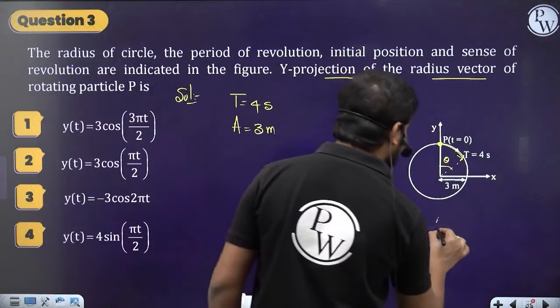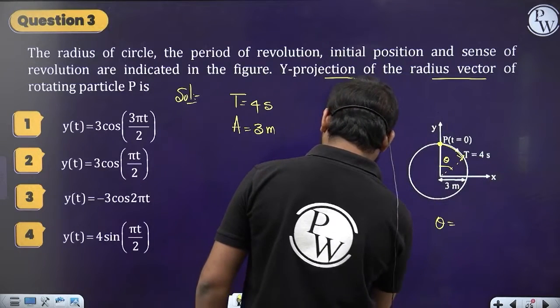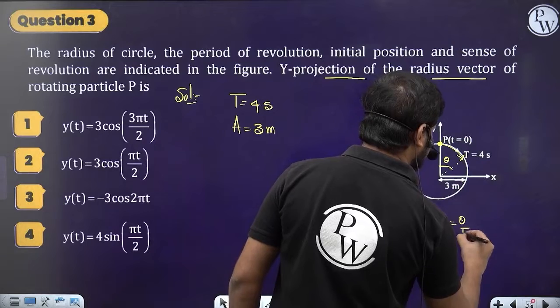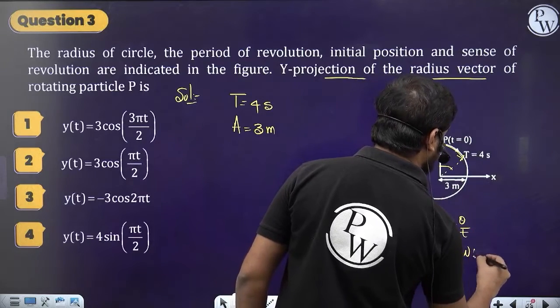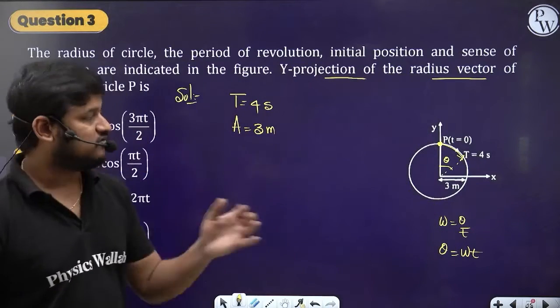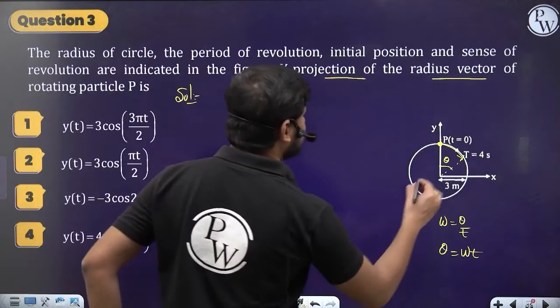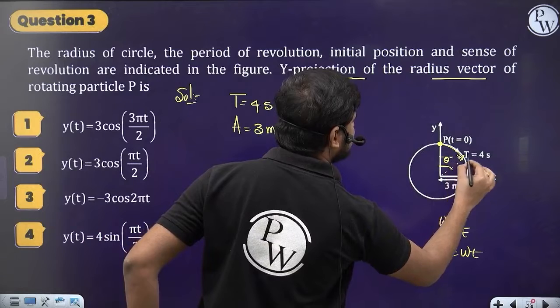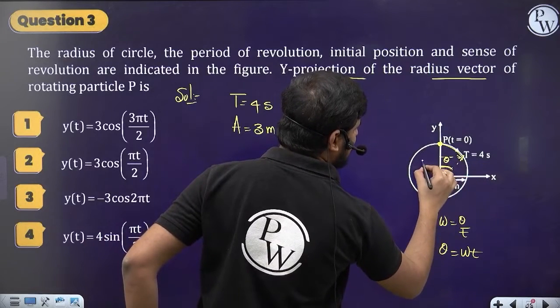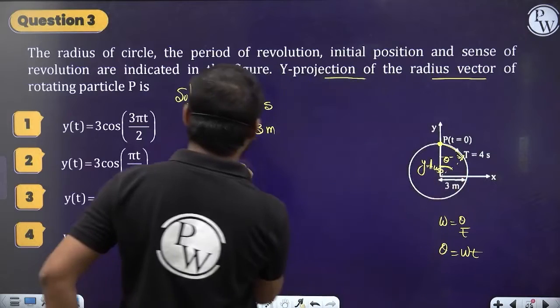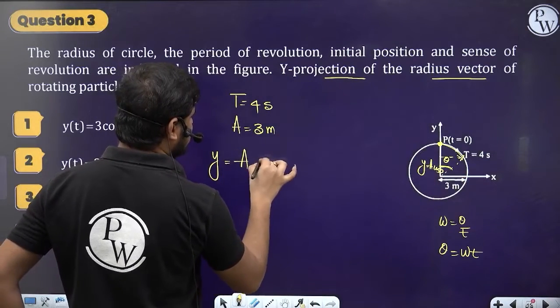With angular velocity omega, we know that omega equals theta by t, so theta will be equal to omega into t. From there I can write the equation. We require the y projection, this one. Theta is here, so obviously y equals a cos theta.